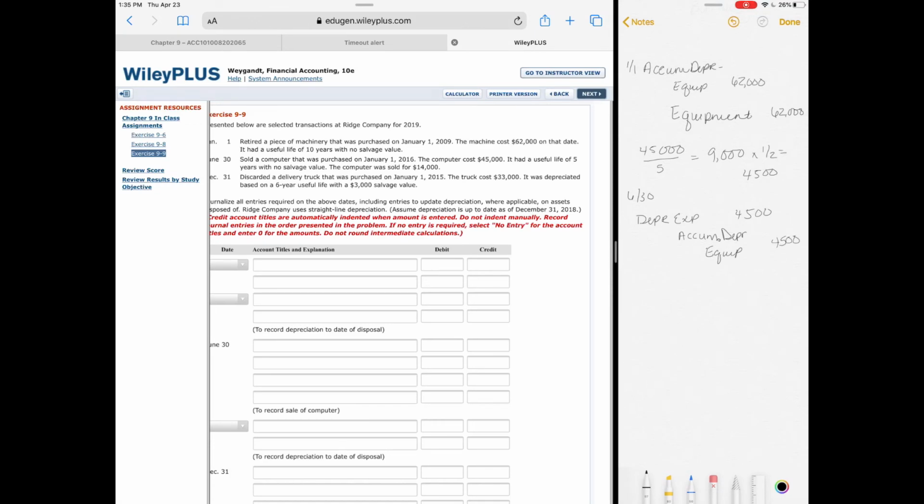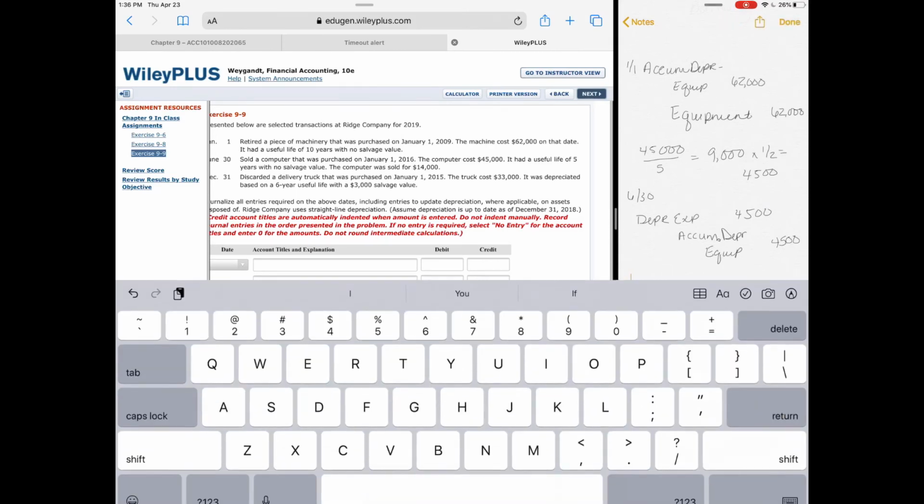Now that that depreciation is all up to date, I can then dispose of the asset. So first I have to figure out what is my book value. I need to get all of my accumulated depreciation off the books so that I can then account for that. So we held it for 3 full years.